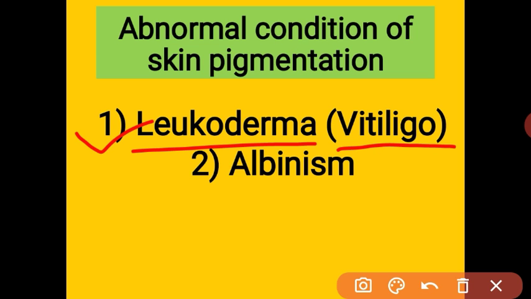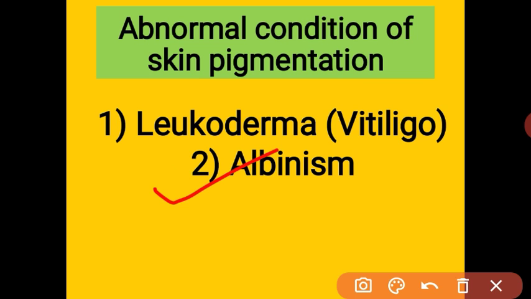That's why the person has these patches of pigmentation. Smaller or larger patches appear on different regions of the body, on the face, on the hands, on any part of the body. This condition is called leukoderma.